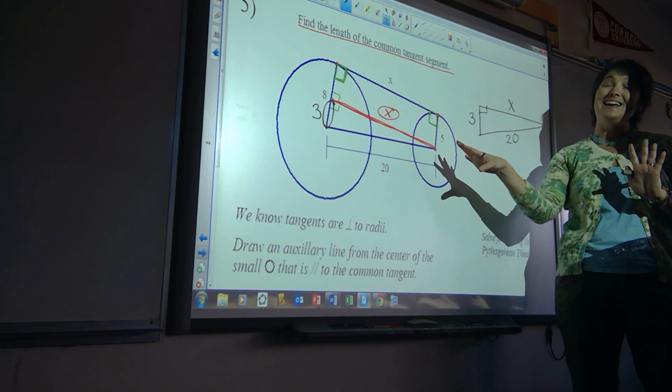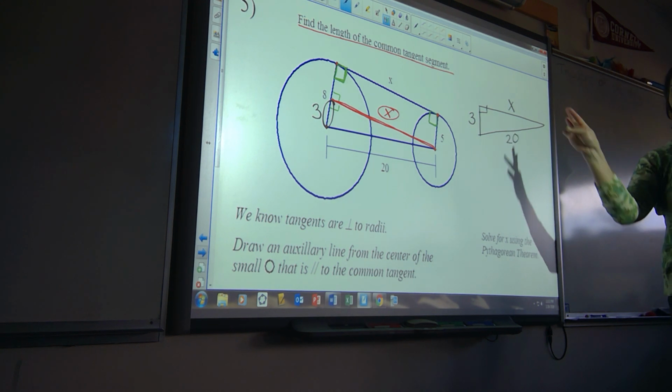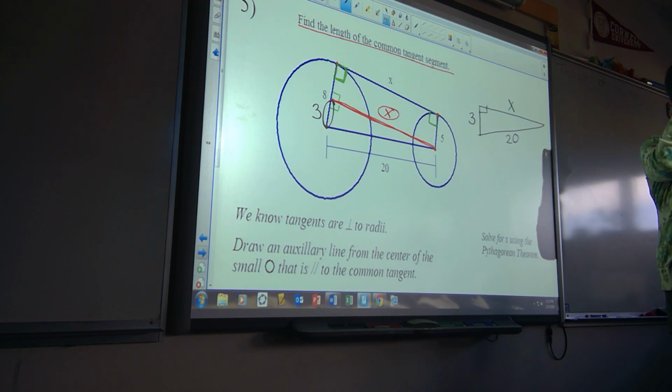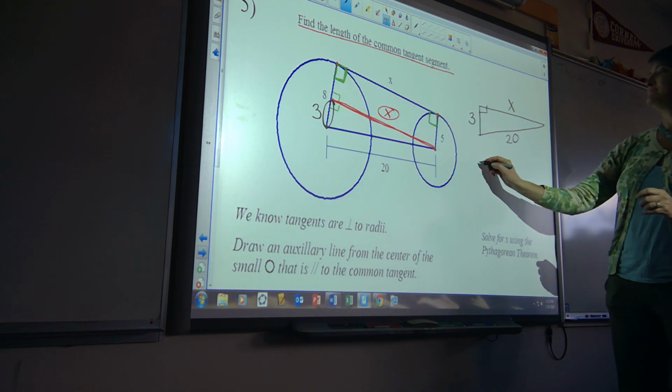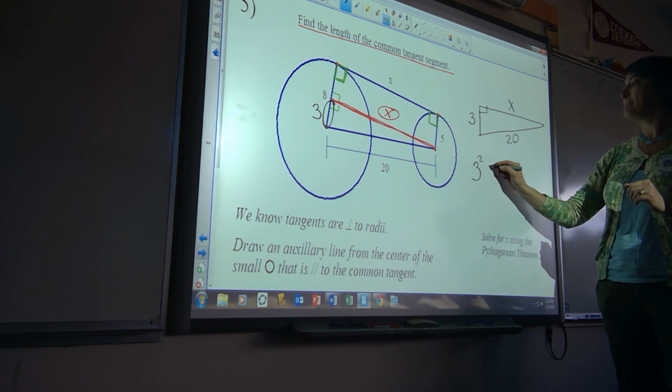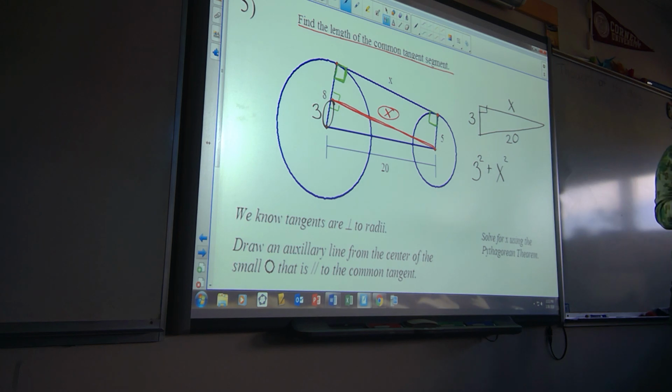On these, this is the way you want to be thinking about it: where could I draw a line that I do know something about? Sometimes it might be radius to radius, because you usually are given some sort of information about the radii. It's just the 5, the 3, the 8 or the 5 would be a 3. Once everybody has a chance to look at this problem in the homework, I'd be happy to answer that question tomorrow.